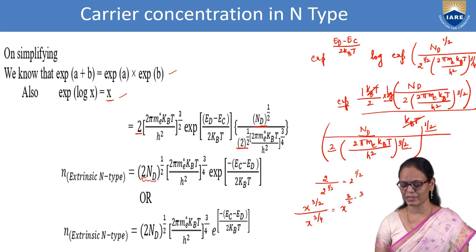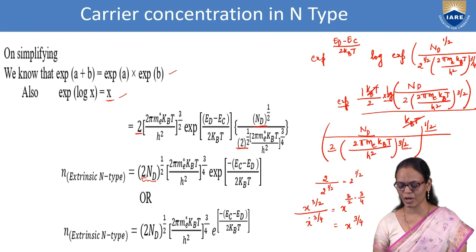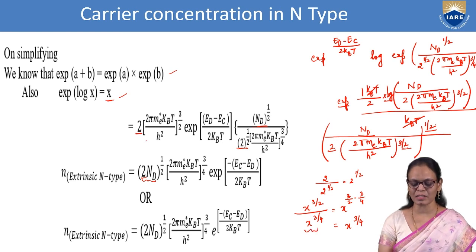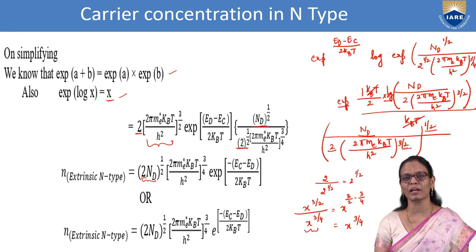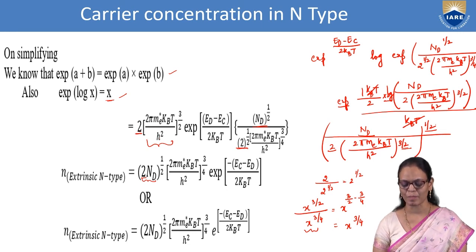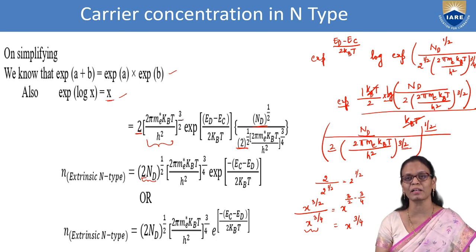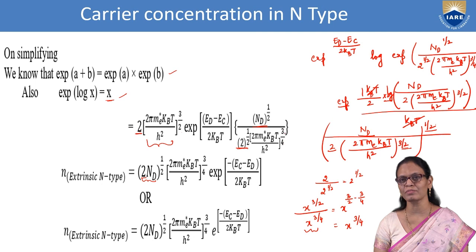Subtract the powers, 3/2 minus 3/4, so this gives us x power 3/4. So what is our x here? x is this whole term, 2π me kBT/h², we are taking it as x. So we are getting x power 3/4 because in the numerator we have 3/2 and in the denominator we have 3/4.